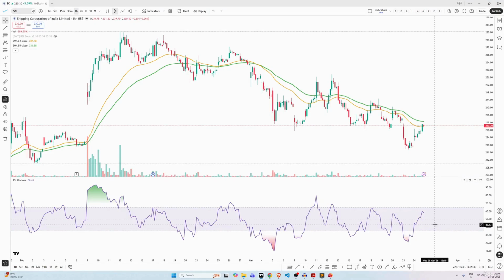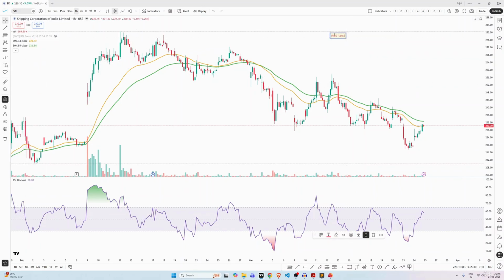Now we have everything ready, and we can start looking at some example trades, right? If you remember, our entry conditions were very simple. I will write it down here.